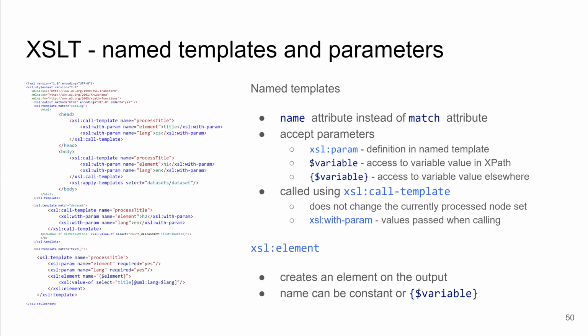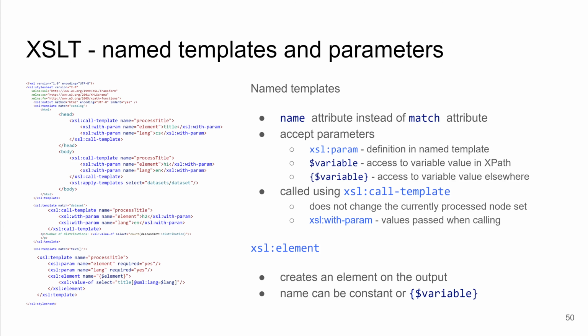And for that, you use the call template construct, where you specify the name of the template in this case, and we are in the upper half of the example. We will call this template process title in processing the head, where we will say that our title will be in Czech and it will be the title element.